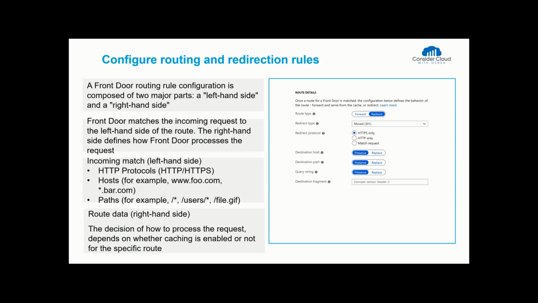Now, typically, Front Door does attempt to match the most specific route first, again, looking from left to right. Now, if it doesn't find that exact match, it's going to start chipping away from right to left, saying, okay, I didn't find an exact match for the whole pattern, but let me take off the /images.